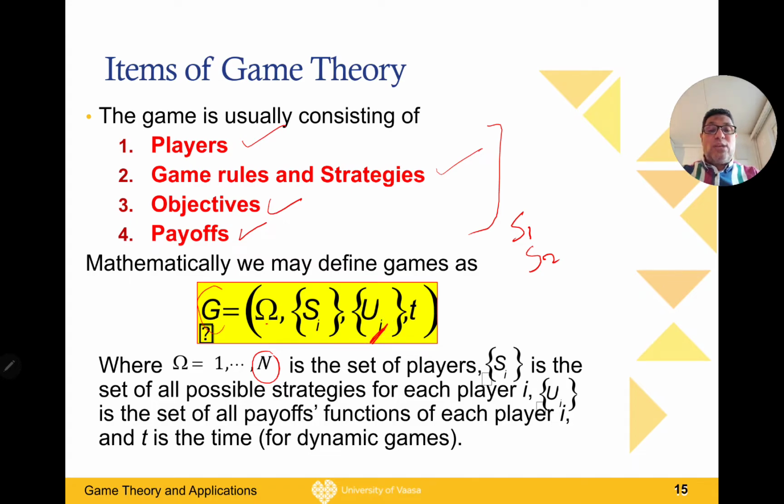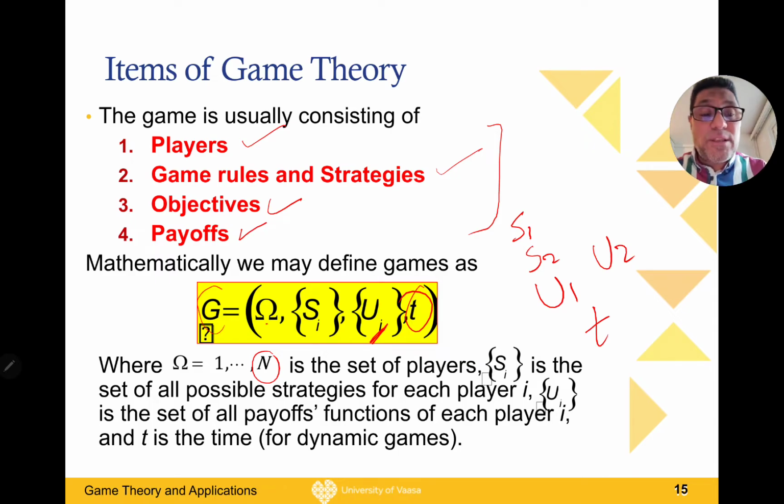U_i is the utility or payoff function of each player. So U1 is the utility or payoff of player 1, U2 is the utility or payoff of player 2, and so on. Then finally, T is the time.